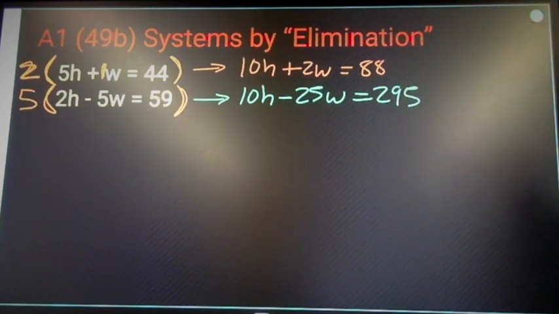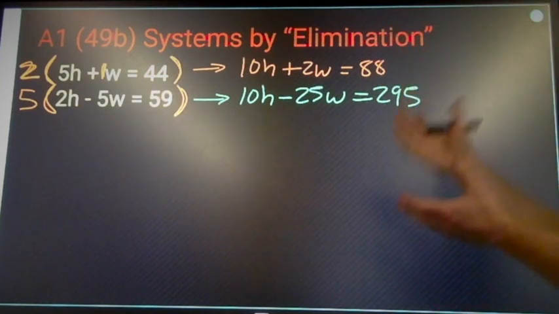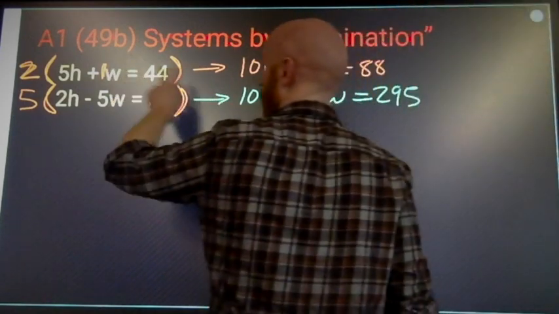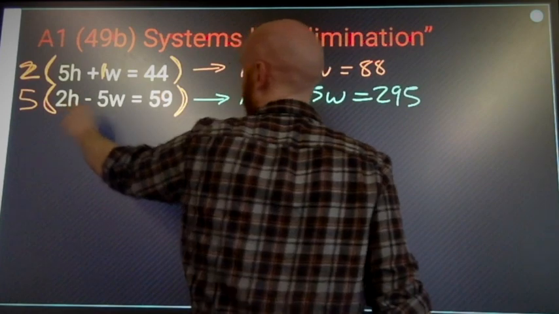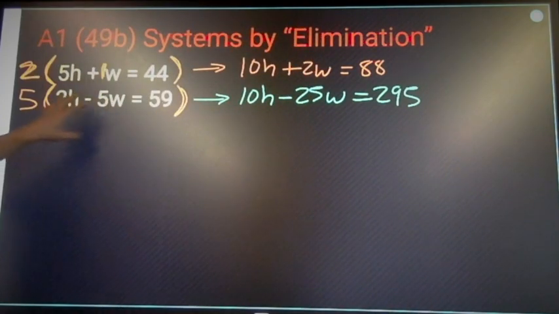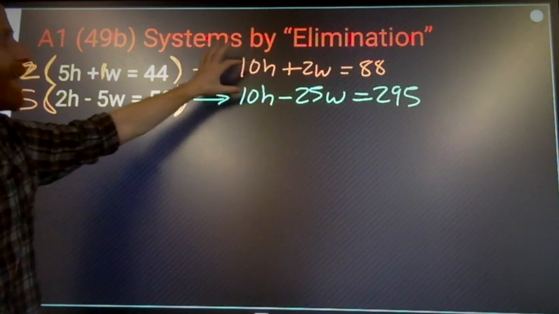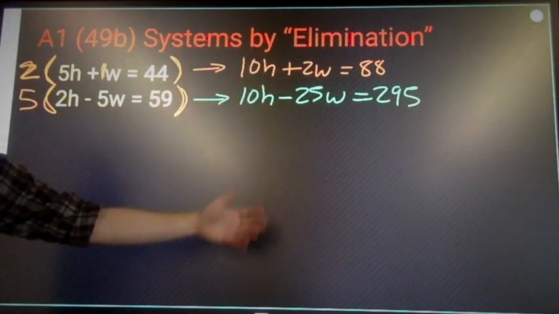Okay? So, as you can see, multiply the top equation by the coefficient on the bottom equation. And I multiplied the bottom equation by the coefficient on the top equation. And that forced my h terms to become twins.